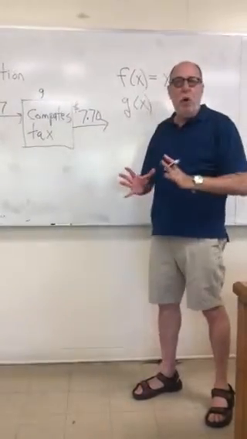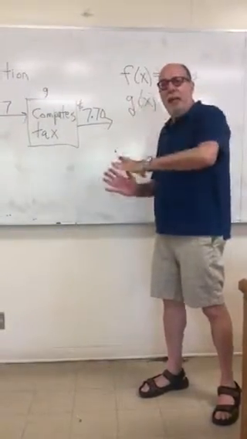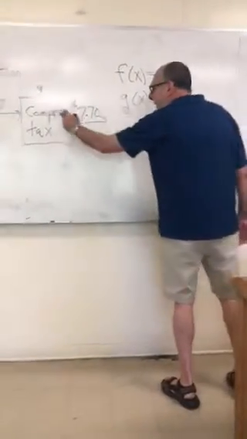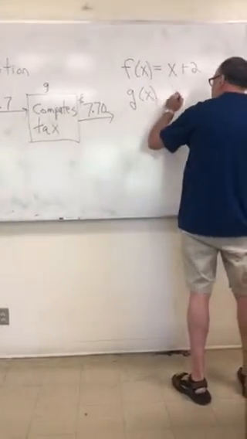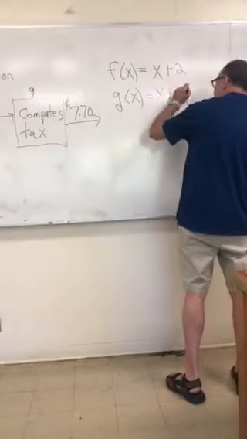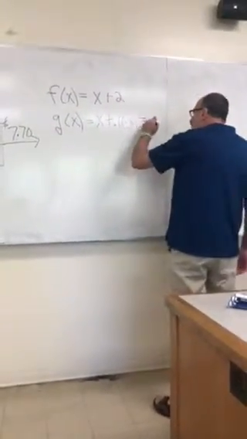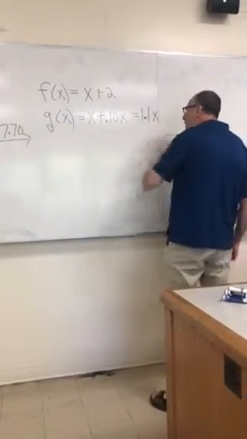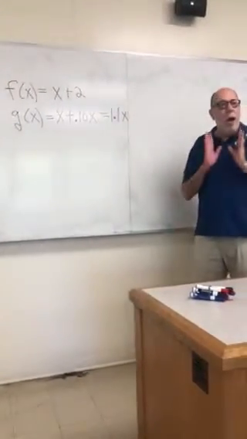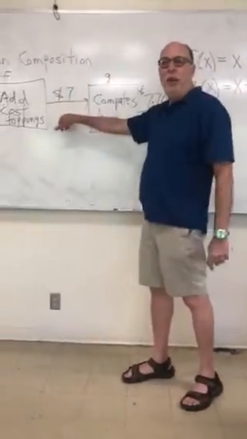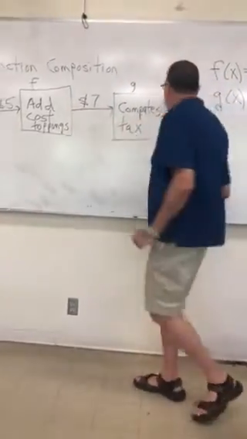It's taking the cost and adding 10% to it. So it's taking its input, x, plus it's adding the tax, 0.10x. So this becomes 1.1x.